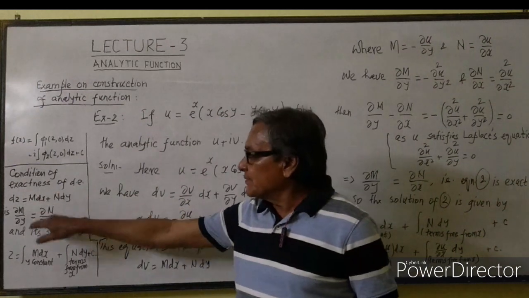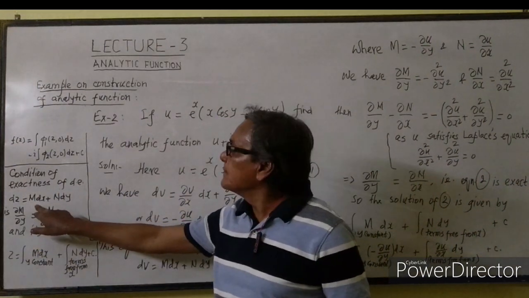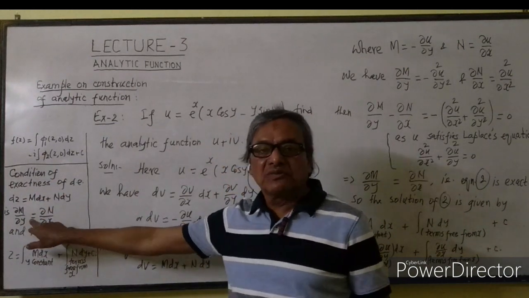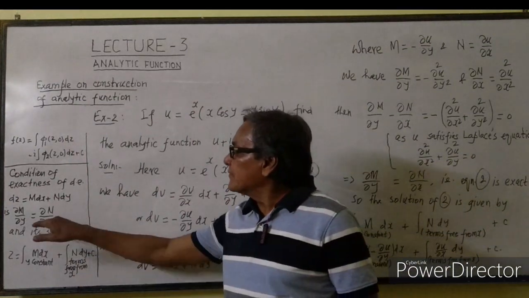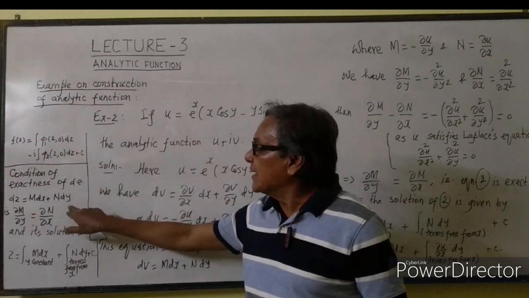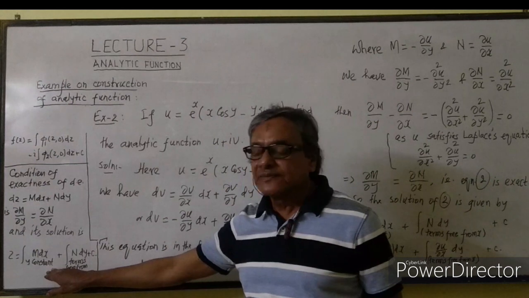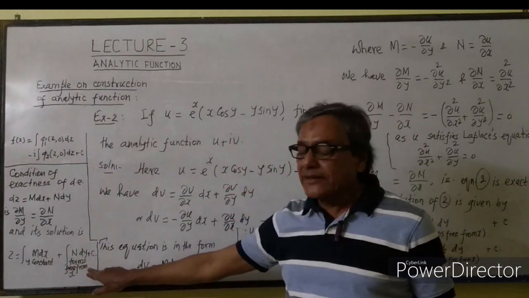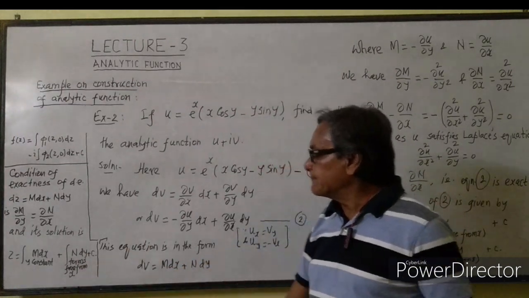If the equation is in the form dz equal to M dx plus N dy, the condition of exactness of this equation is del M del y is equal to del N del x. And if this condition is satisfied, then we say that this equation is exact, and we write the solution directly as z equal to integral M dx, where y is constant, plus integral of those terms of N not containing x, dy, plus c.